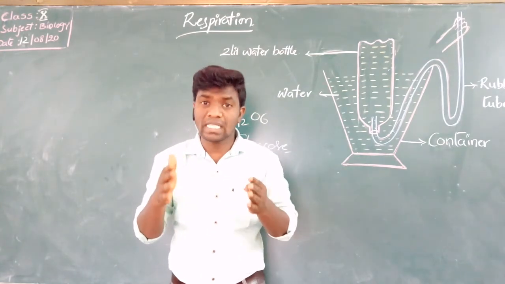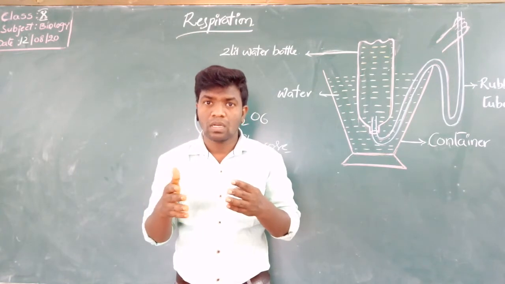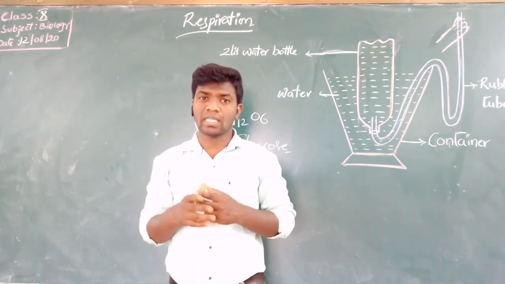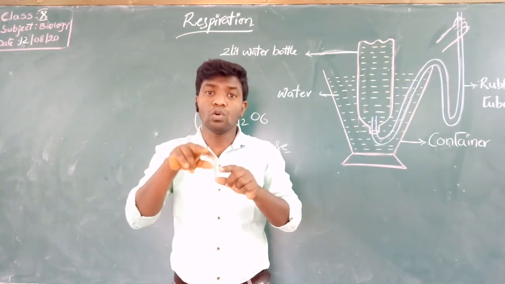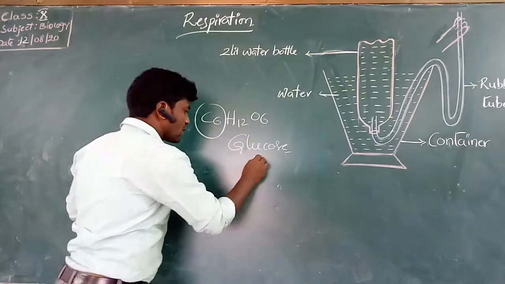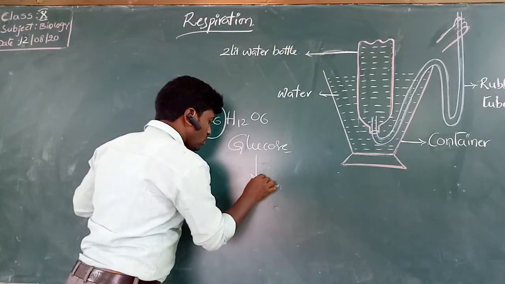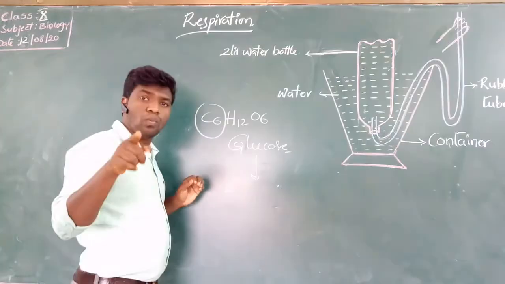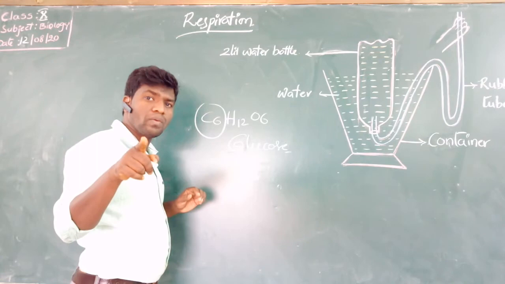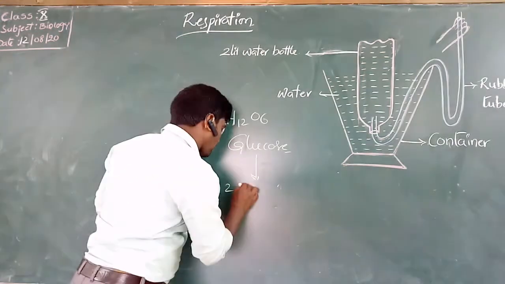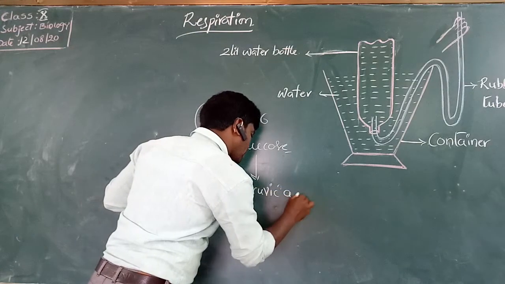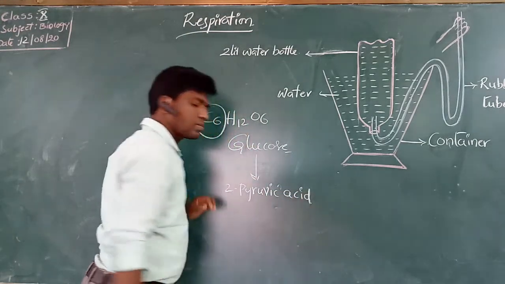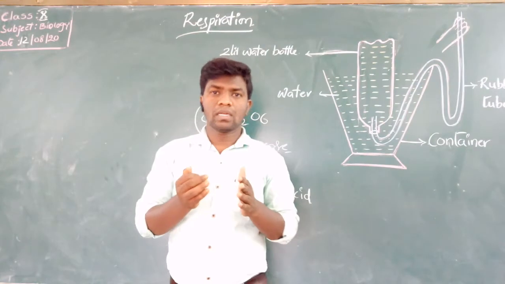Glucose is converted to 2 molecules of pyruvic acid. Listen carefully.